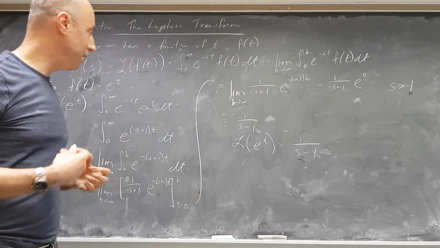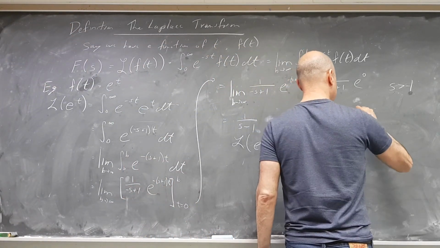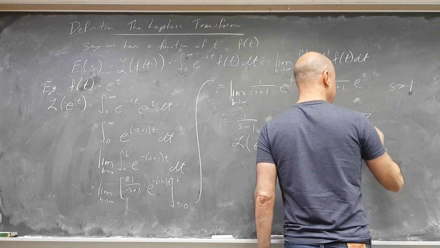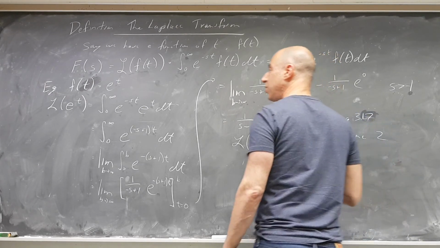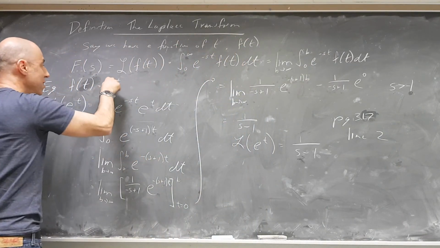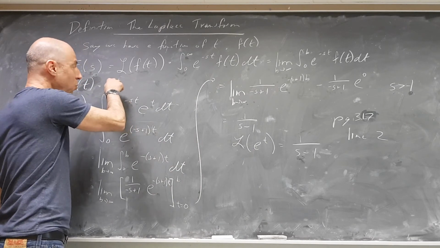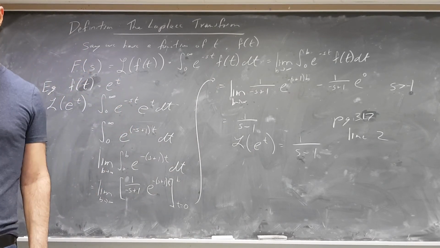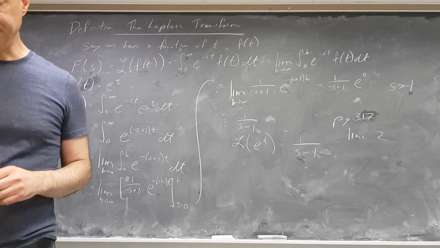On page 317, line number 2, if alpha equals 1, which it is right here, the thing in front of the t is just a 1, you will end up with 1 over s minus 1.